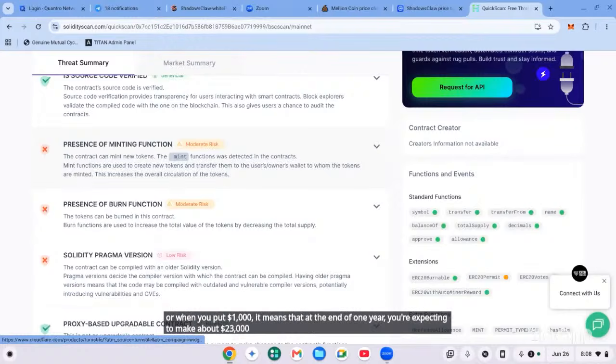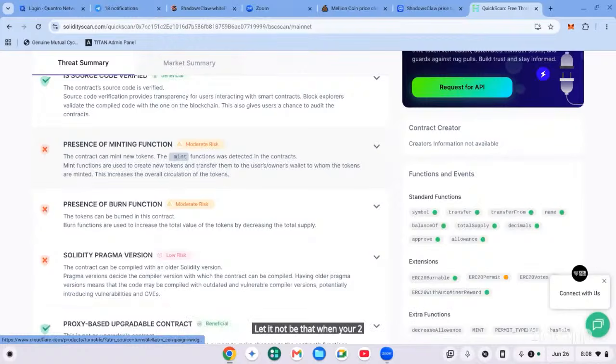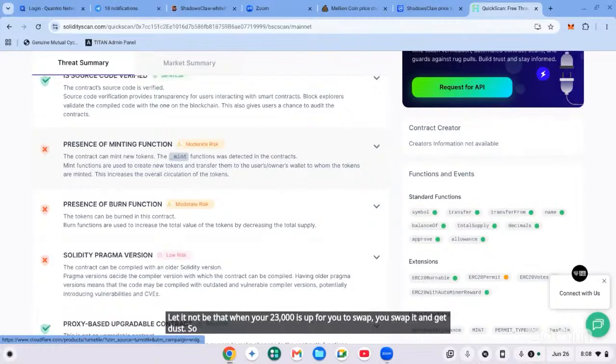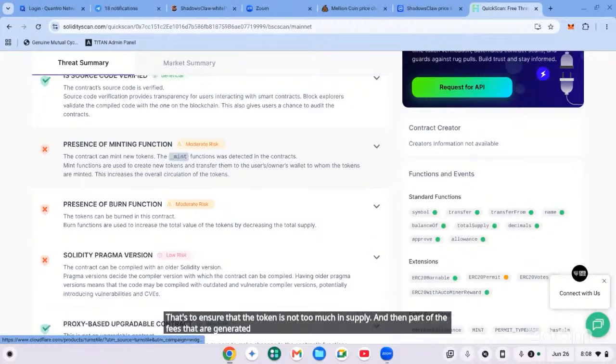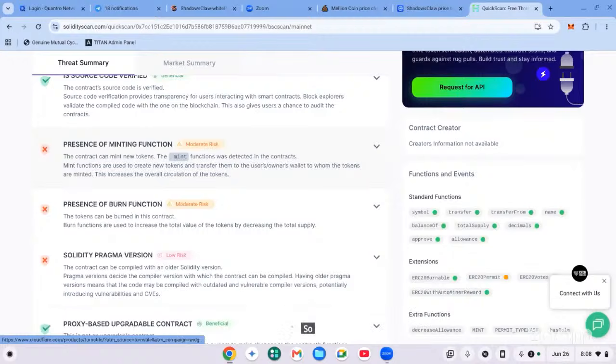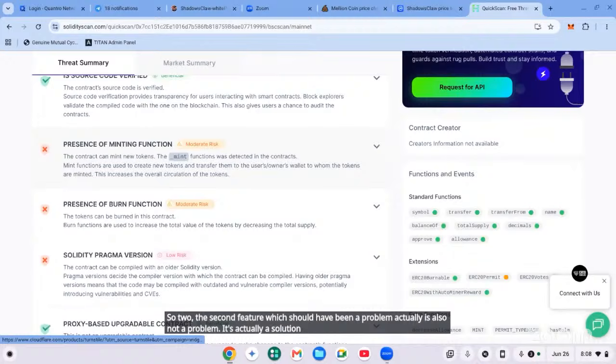Let it not be that when your 23,000 is up for you to swap, you swap it and get dust. So there's an important feature that should ensure that the token is not too much in supply, and then part of the fees that are generated from all these activities is used to buy the token back and burn in order to cause the price to remain stable for you to achieve what you want to achieve. So the second feature, which should have been a problem, actually is also not a problem. It's actually a solution to our problem.